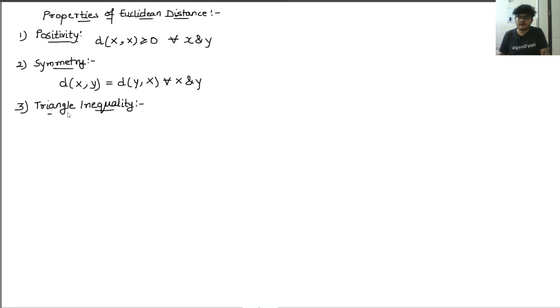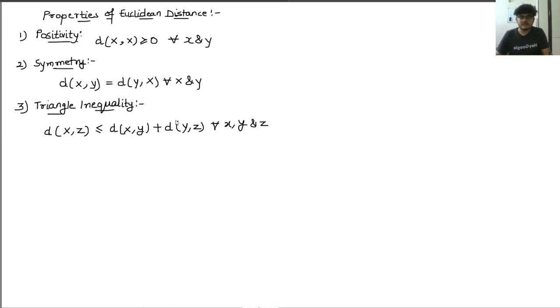The triangle inequality says that the distance from a point x to a point z is always less than or equal to the distance of x comma y plus the distance of y comma z, for all points x, y, and z. So these are the basic three properties of Euclidean distance.